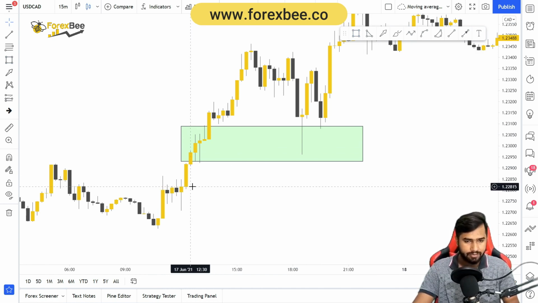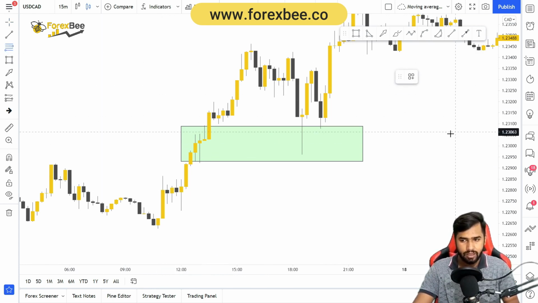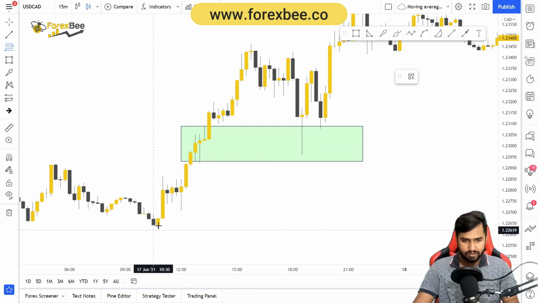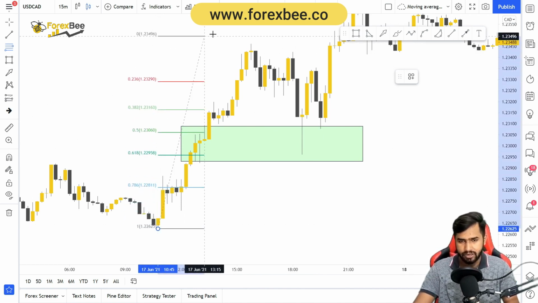a weak demand zone. Okay, so what I'm gonna do is I'm gonna take our Fibonacci retracement tool, and again this is basically a complete swing from here till here. So what we need to do is we need to draw the Fibonacci retracement from the bottom of our swing and take it to the high.